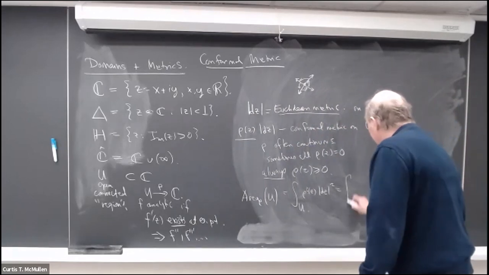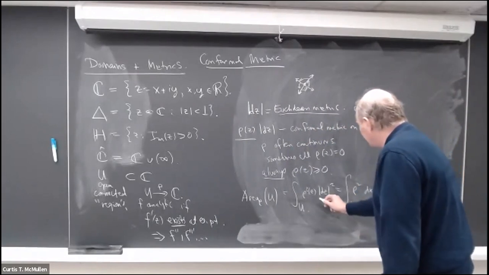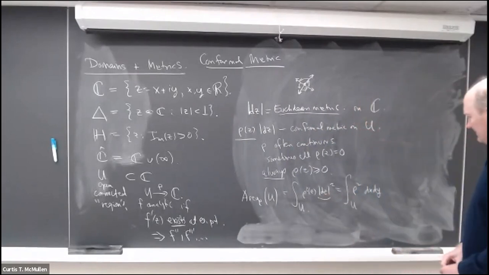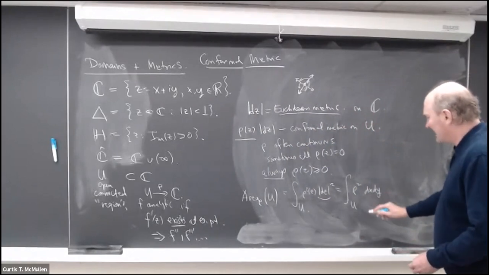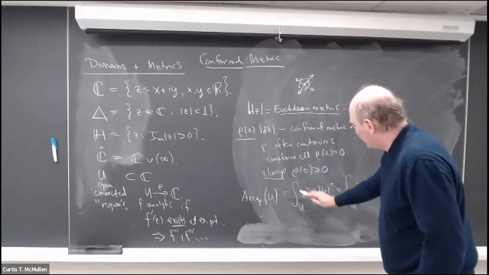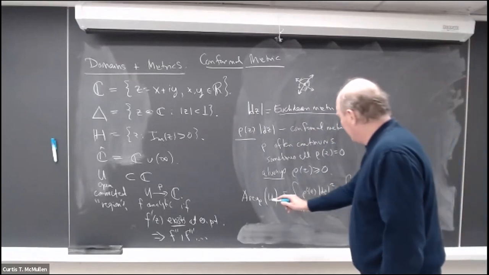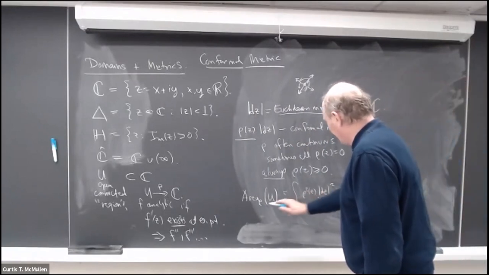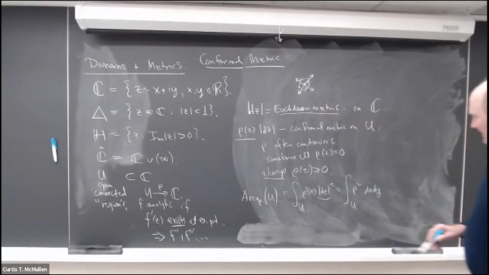Well, this is just the complex analyst way of saying dx dy. So this is just the usual Lebesgue measure on the plane. And so if this factor rho were 1, this would compute the ordinary area of the region. And to compute the area in the metric rho, you just have to integrate rho squared over the region.